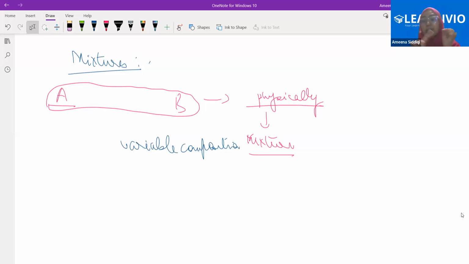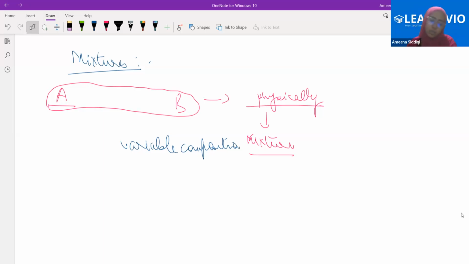In a compound, it's chemical bonding with a fixed composition, whereas in a mixture, it's physical bonding with a variable composition. These are the major differences that make a compound an example of pure substance, whereas a mixture is an impure substance, impure matter.